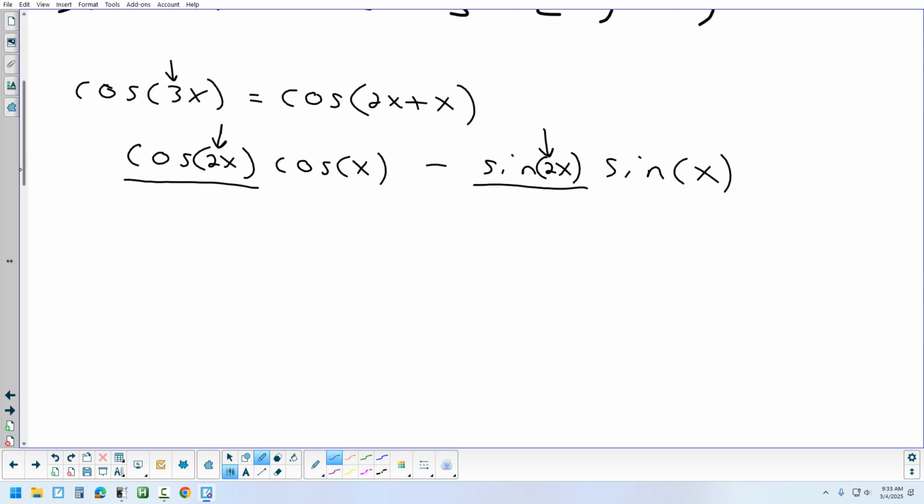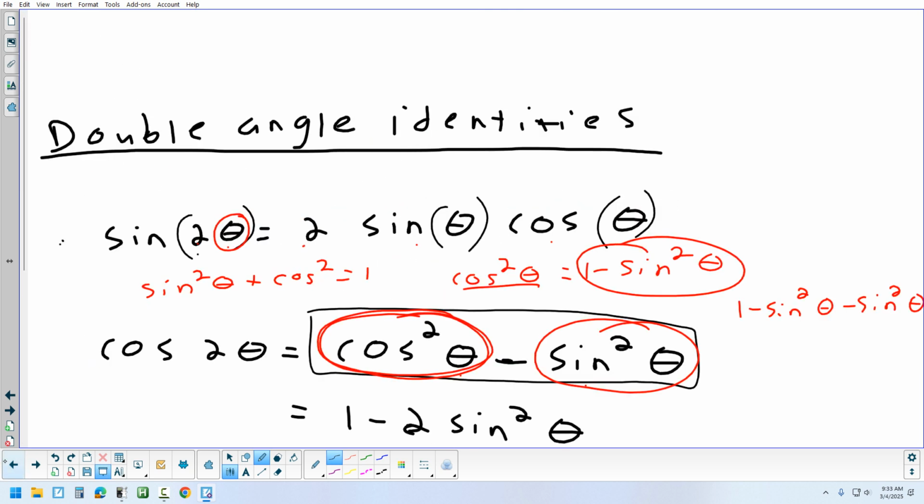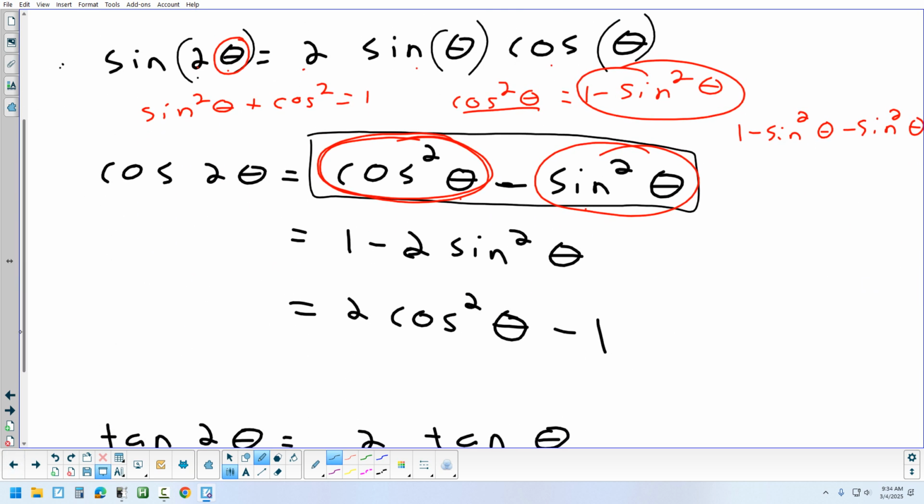Let's start with cosine 2x. How could I rewrite cosine 2x? Yeah? Cosine squared x minus sine squared x. Yeah, there are some options. It depends what we're trying to do. If my directions were to just rewrite it without a 2, you could pick any of those 3 that you see.